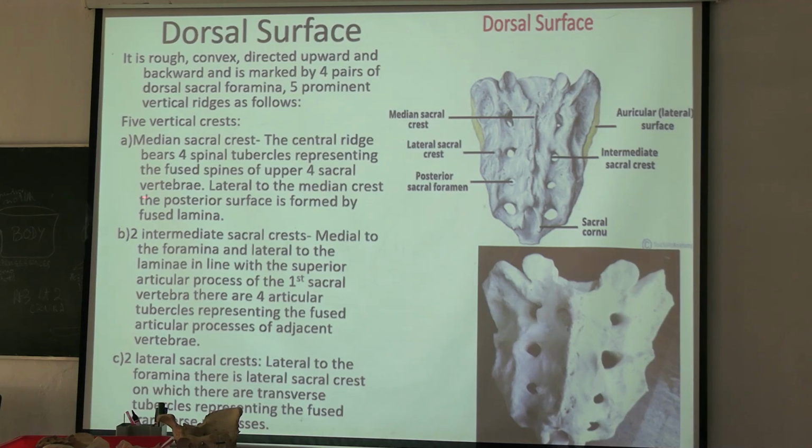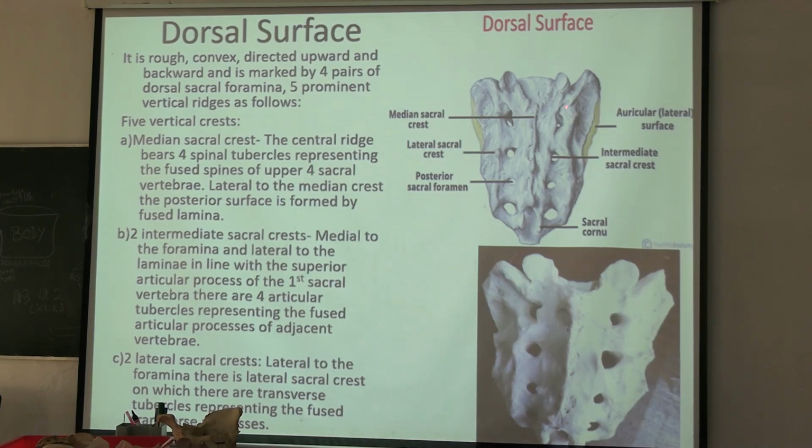Lateral to the median crest, the posterior surface is formed by fused lamina. Here, this part is formed by fused lamina. Laminae are part of the vertebra, okay, vertebral arch. Two intermediate sacral crests, medial to the foramina and lateral to the lamina.